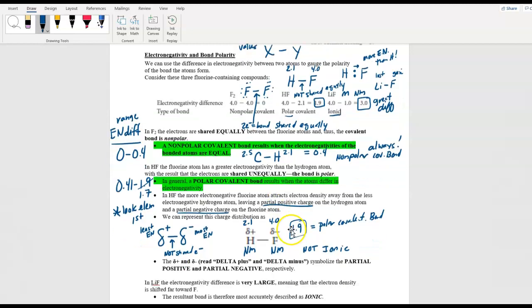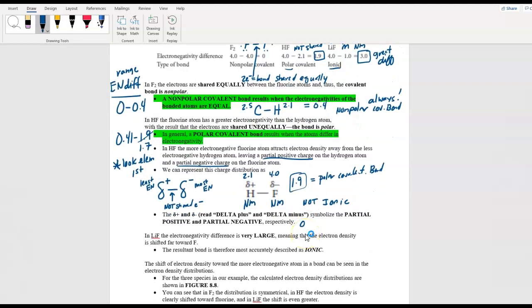Only if polar. Please, I'm going to circle that, box it, whatever, highlight it. You would never do this if it's nonpolar because it's shared equally. Only if it's polar will you have to indicate, and like I said, it was called a delta plus and delta minus. You would have to tell me who's the most electronegative.